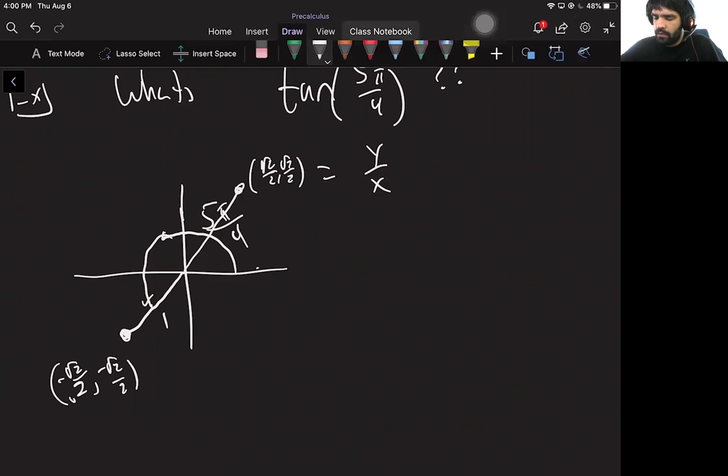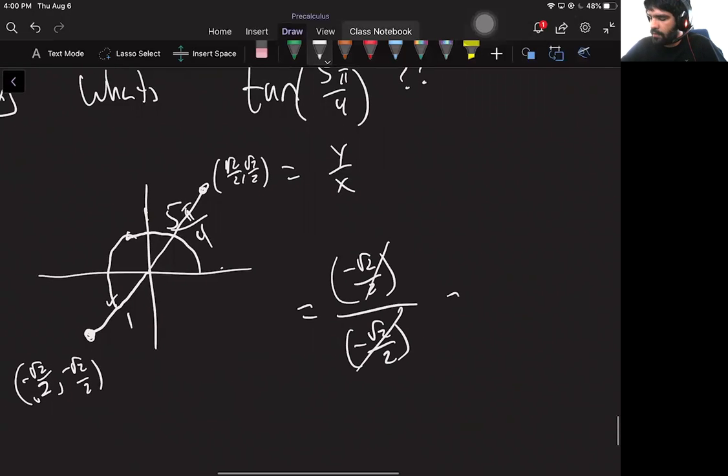All I have to do is use those two coordinates to figure out tangent. So tangent of 5 pi over 4 is the y over the x. Well, that's just something divided by itself, so even the negatives cancel. So I just get 1.